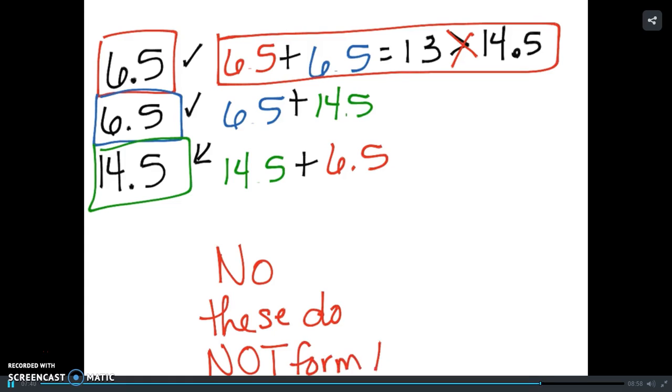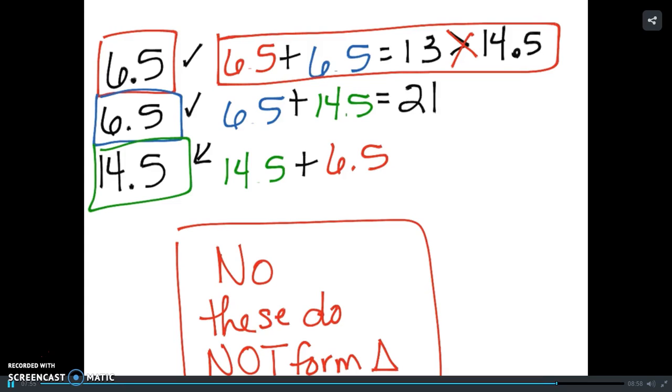Okay, and that's just the reason why it's really important that you check all three of them, because if you had just started down here with 6.5 plus 14.5, you would have gotten that those two equal 21, okay, and the third side that we hadn't used on that one is 6.5, and that's true whether you are doing it in this problem or if you had done it in this problem.